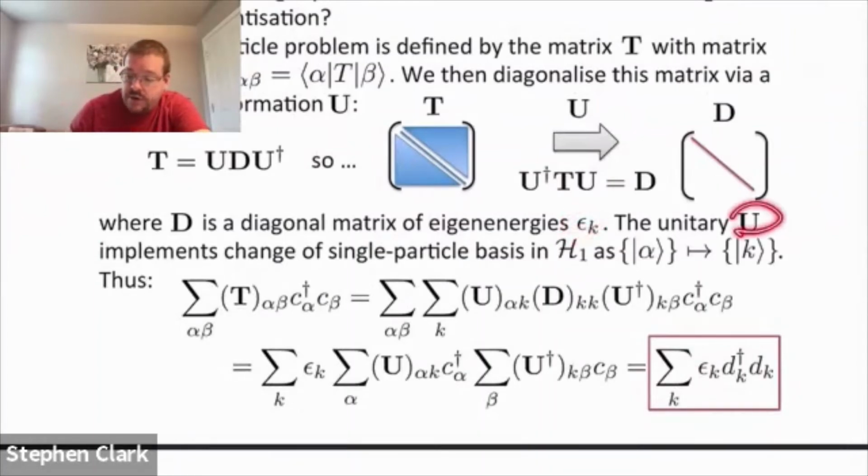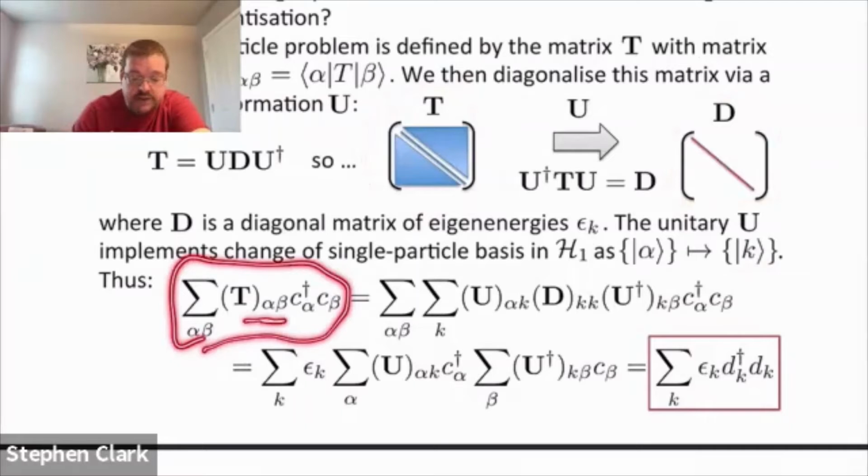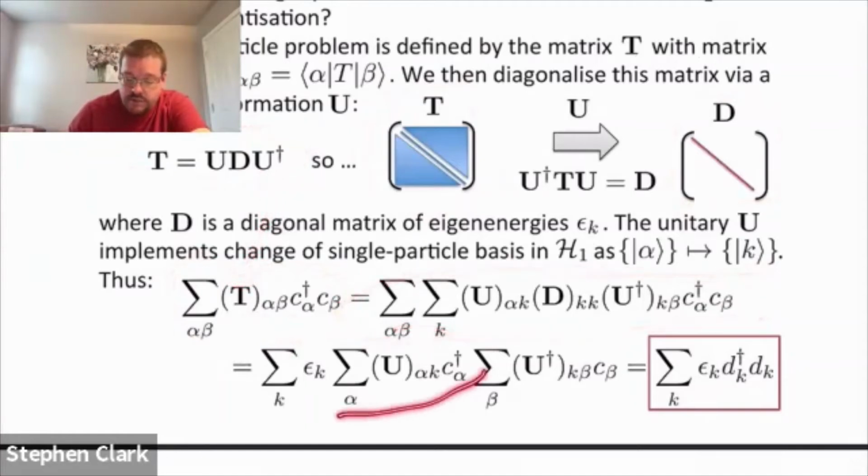So this unitary U that we use to diagonalize the matrix T is exactly a change in single particle basis. It's going from the alpha basis, where the T matrix was dense, to the k basis, where the matrix is now diagonal. And if you take the single particle term in the Hamiltonian, which is a general term with off-diagonal elements, and you insert this decomposition and expand it out, then you can pull the U's and the U daggers, and you see that they're exactly the definition of d dagger k and d_k.